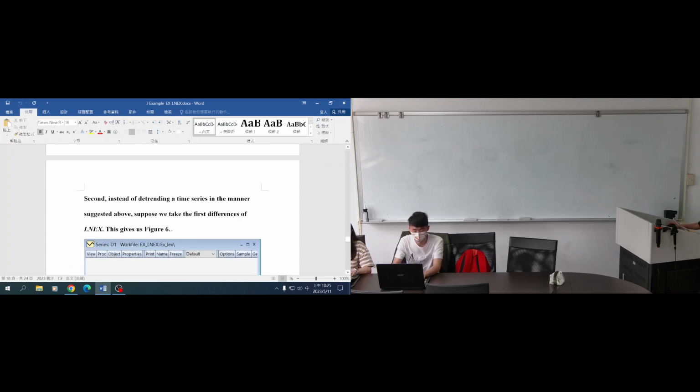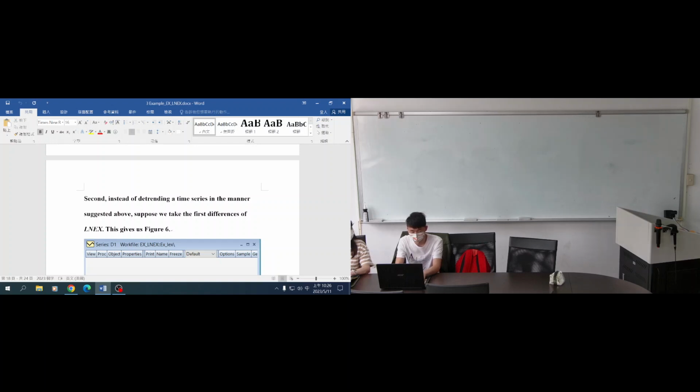And the second way, if the trend doesn't work, is there any other way? Usually the second, very common way is to take the first difference. What do we mean by first difference? It means the difference between two consecutive observations. So the second way is, instead of detrending the time series in the manner suggested, suppose we take the first difference.